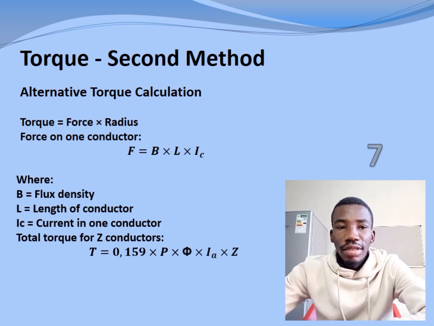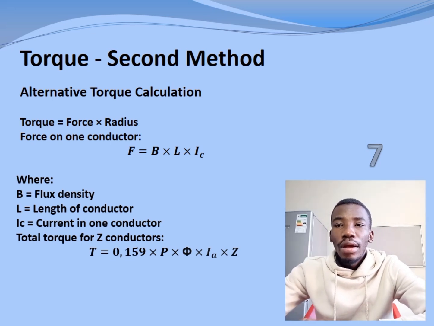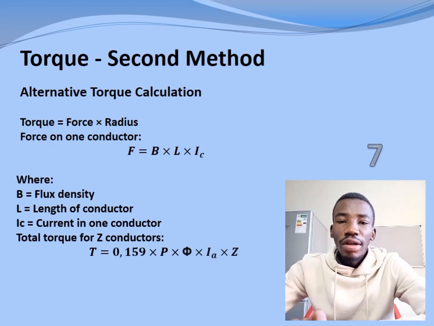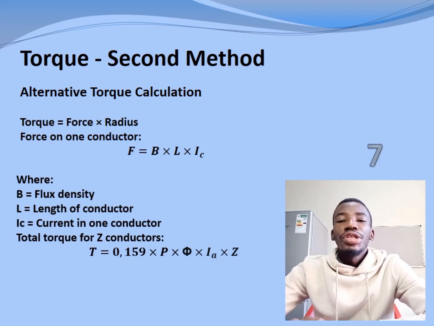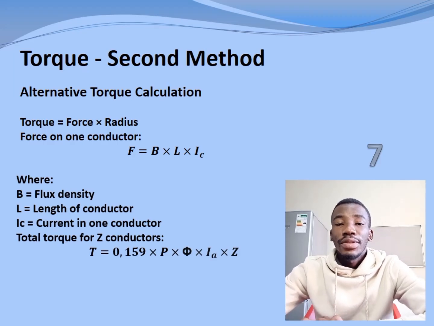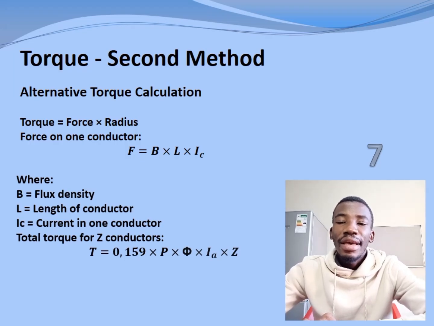The torque, second method. Alternative torque calculation: torque is equal to force times radius, where force on one conductor is given by F equal to B times L times I, whereby B is the flux density, L represents the length of conductor, and I is current in one conductor.